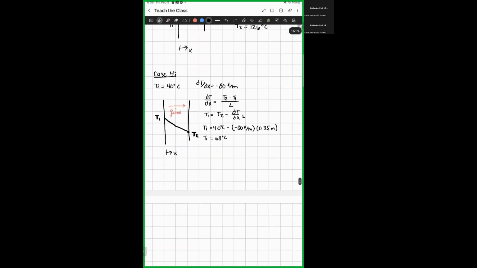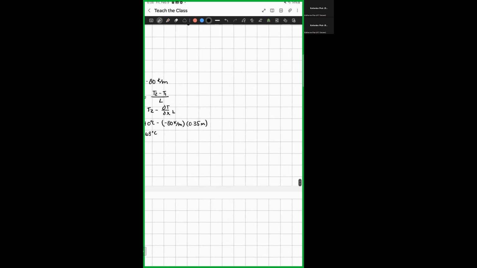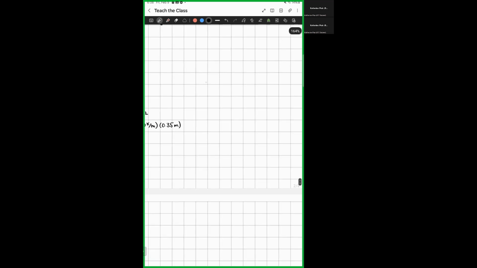And this makes sense with our negative slope. We want to start with a greater temperature of 68 degrees and then move to a cooler temperature of 40 degrees Celsius. And then we can solve for Q conduction, which equals negative 50 watts per meter Kelvin times negative 80 Kelvin per meter.